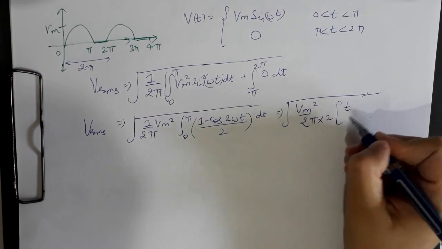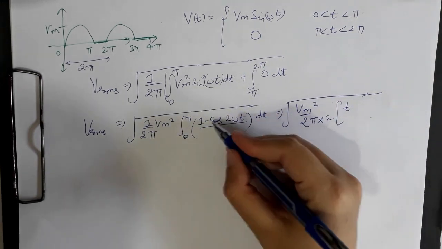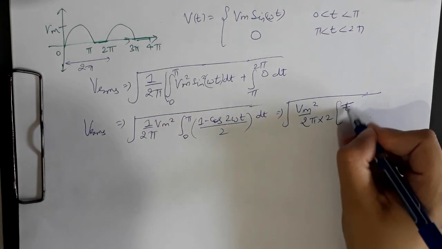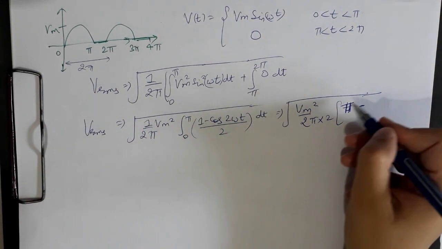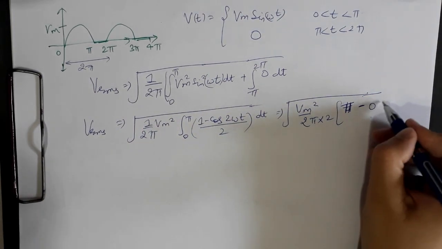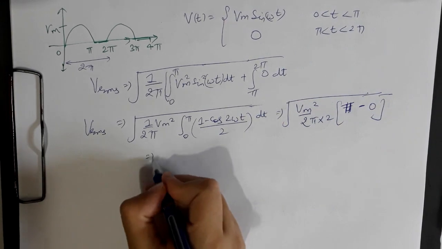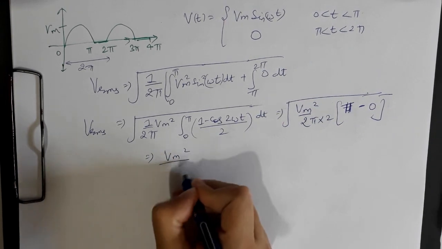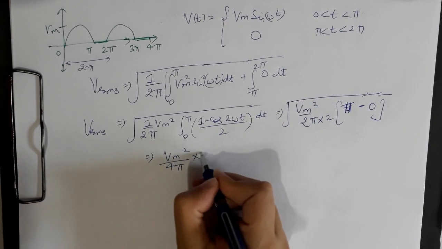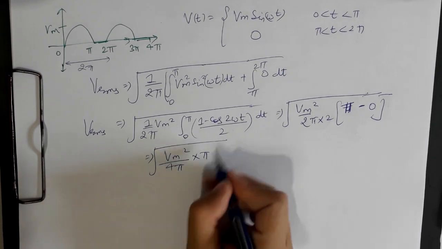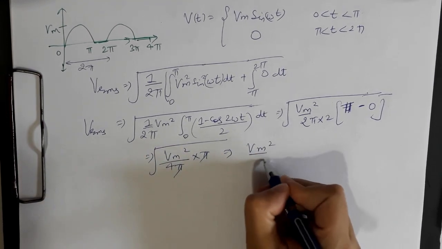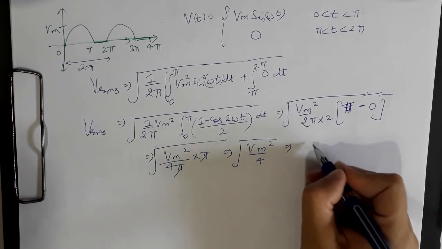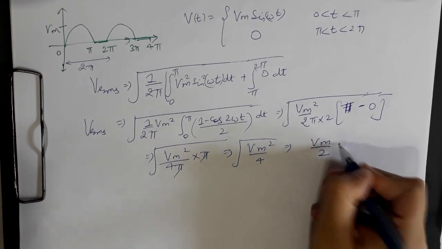This is t is here pi, so pi minus integration of cos is sine, and sine pi is 0. So Vm square upon 4 pi into pi under the root. This comes out to be Vm square upon 4 under the root, which is Vm upon 2.